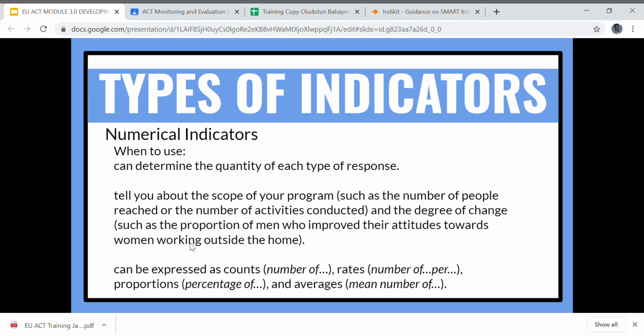So the number of sexually abused women that attended your workshop, the number of government officials that participated in your program, which is supposed to influence the behavior of government, and the number of people living with disabilities in your program. It can be expressed in terms of counts, rates, proportions, averages, and so on. This is what numerical indicators give you.